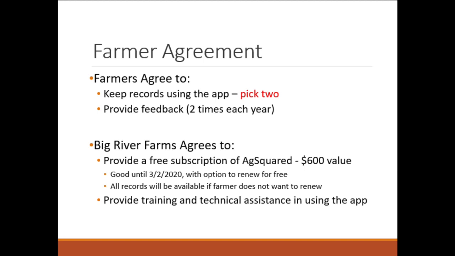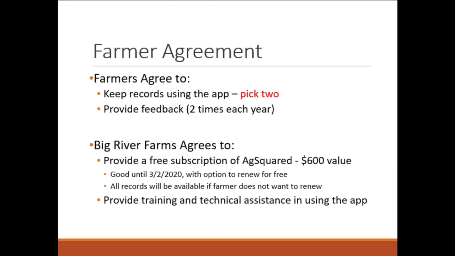So this is just an agreement. We have these free subscriptions, but I wanted to ask everyone to commit to a couple of things. In this first part where it says farmer agrees to, I'm asking farmers to agree to use this app to keep the agreed-upon records for their farm for the entire season.